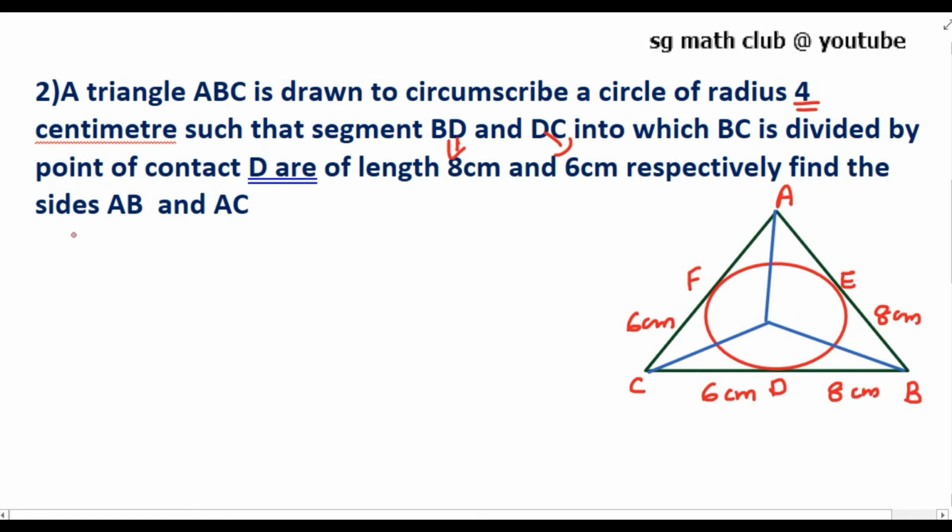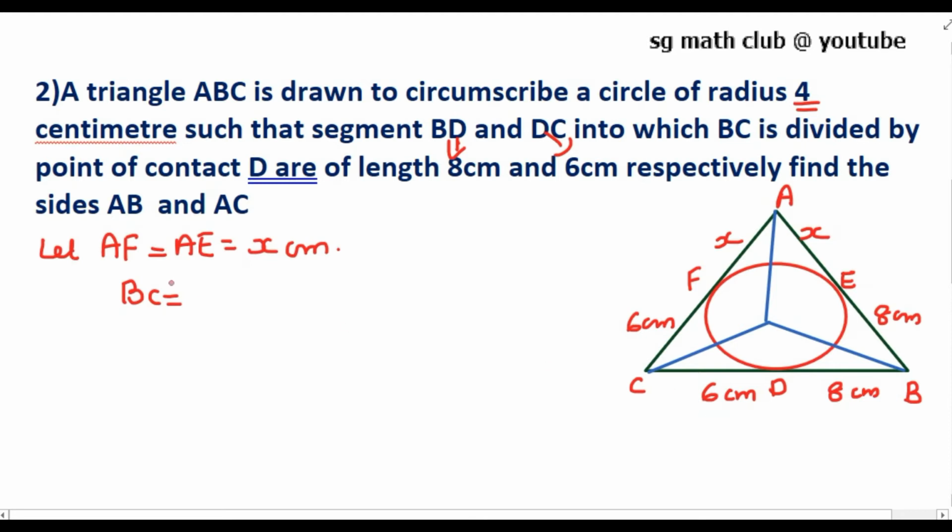Now for the time being, I am taking AF to be x. That means AE will also be x because tangents drawn from the external point A to the circle are equal. Now the length of BC is 6 plus 8, which is equal to 14 centimeter.